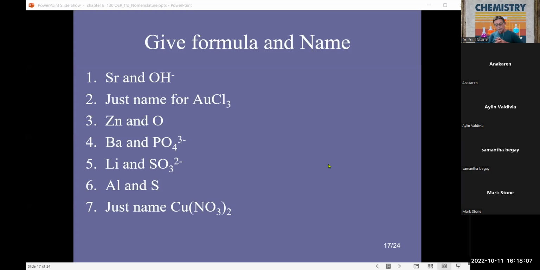This chapter called nomenclature is dealing with naming compounds, but we're actually learning also how to put them together with respect to ionic compounds, okay? And the main takeaway here is that when we're working with ionic compounds and we're given the name or the elements that we need to make a compound from, we need to first convert those into ions.